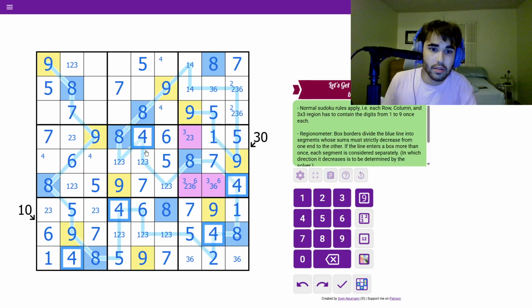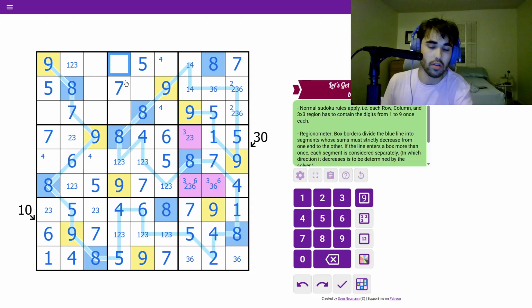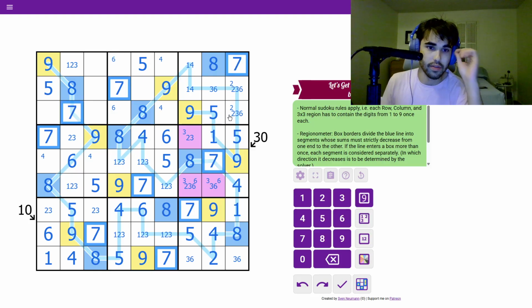Surprisingly not. Just finished 5s, about 6s. 6s are in one of these two. 7s are done. So what's the secret here?